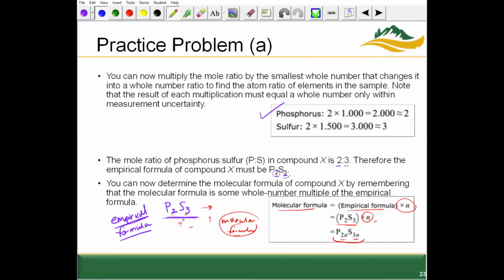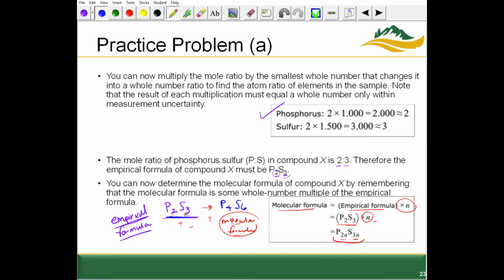For the empirical formula, for example, P2S3, that's going to be some molecular mass where we multiply 2 times the mass of phosphorus and 3 times the mass of sulfur. From this empirical formula, though, one example of a potential molecular formula could be P4S6.